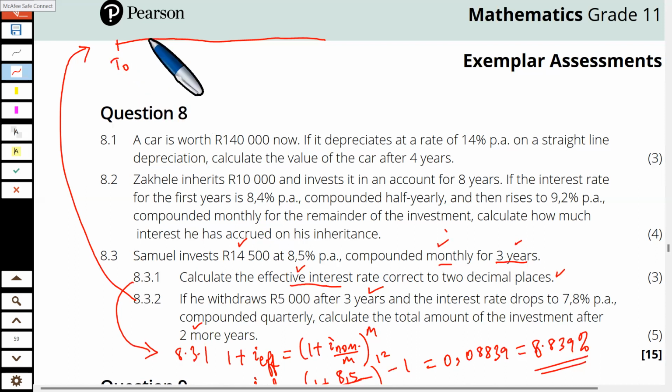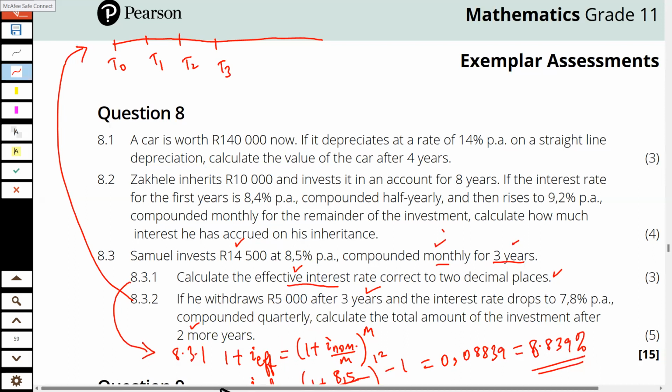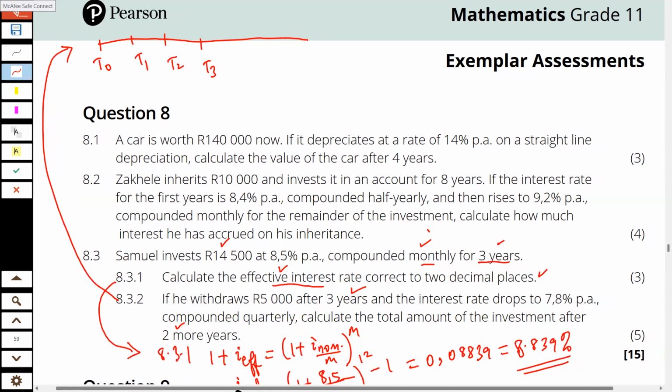So you say time 0, time 1, time 2, time 3.